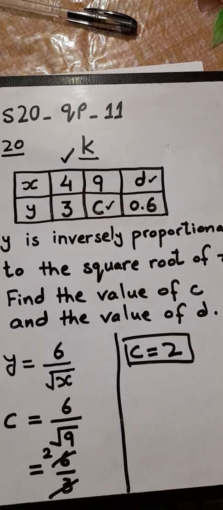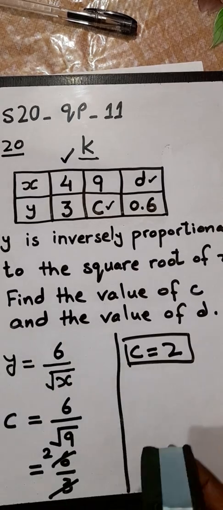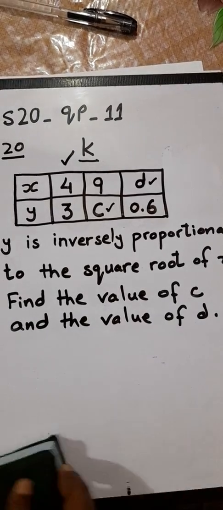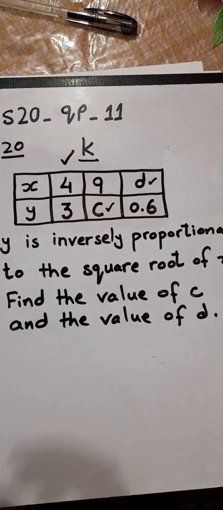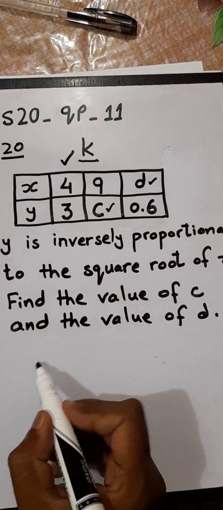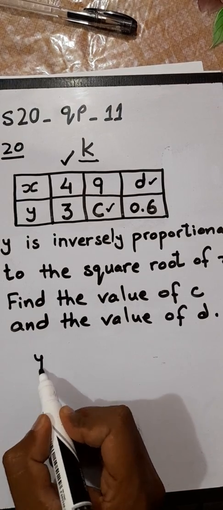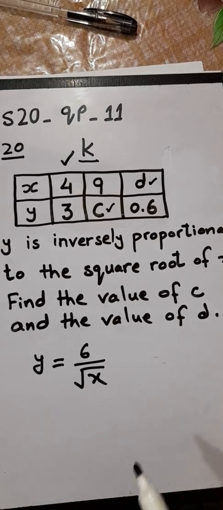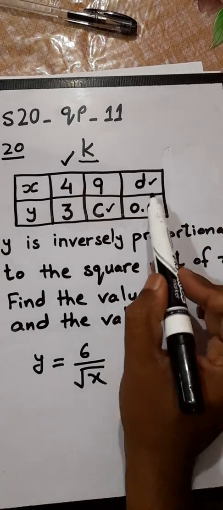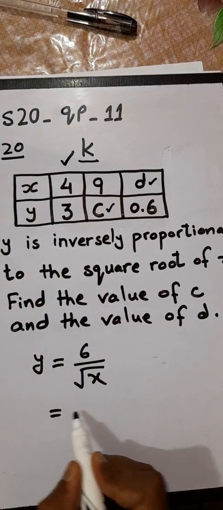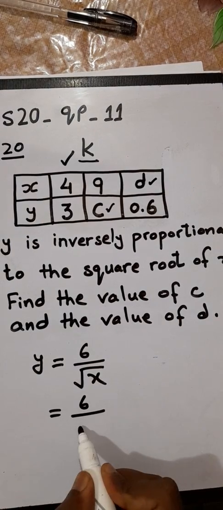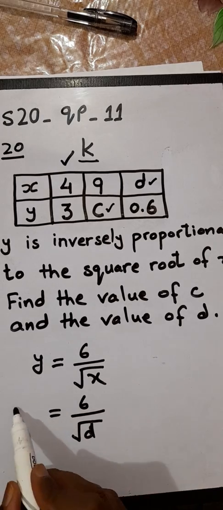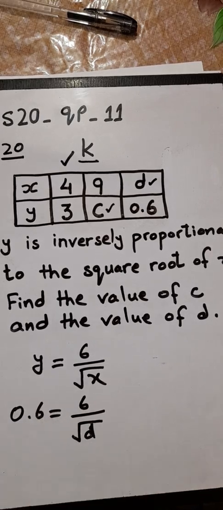Now let's find the value of d. The relation we have is y equals 6 over square root x, and this time d we have to find out, which belongs to x. So we will write it as 6 over square root d, and the value of y is 0.6.